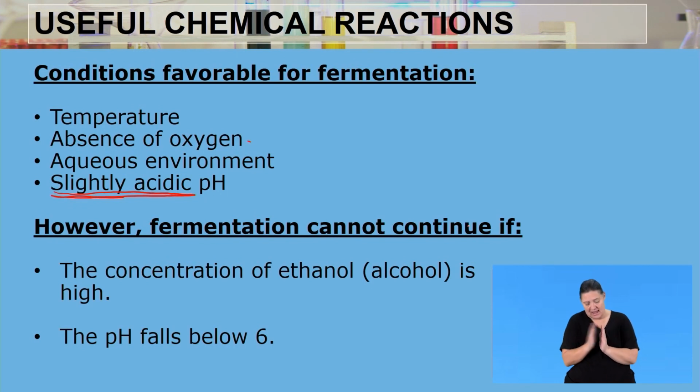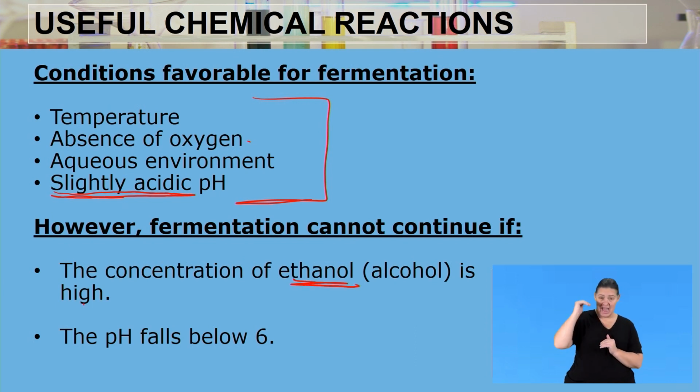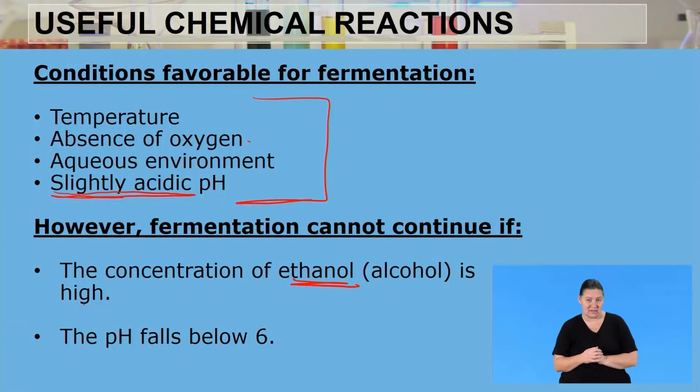However, fermentation cannot continue if one of these conditions changes. When the concentration of ethanol, which is alcohol, is high, the reaction is going to stop. And once the pH falls below 6, the fermentation reaction is also going to stop.